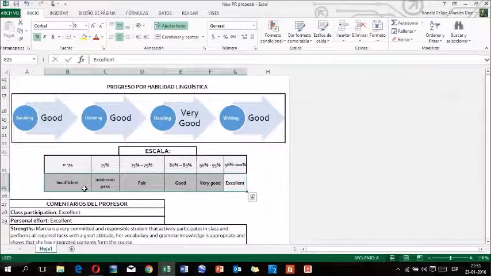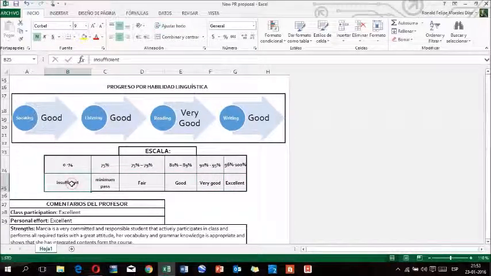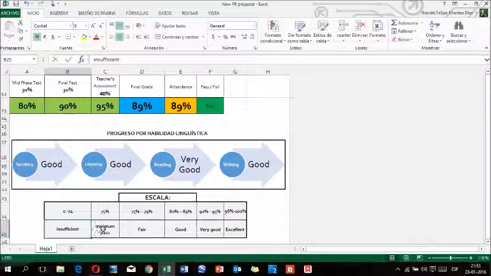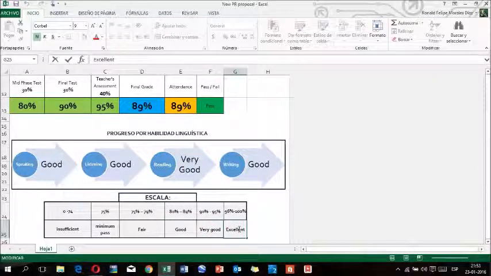If you think there are other ways, or maybe another wording for the ways we describe the different stages, for example, less than 75 is an insufficient result. 75 is the minimum pass. Then we have fair, then we have good, then very good, and then finally we have excellent, only for those students who are very proactive and participative in class.